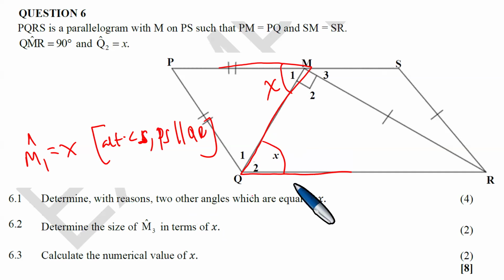There's another one, because the examiner says they need two. So we can see also angle Q1 is X.